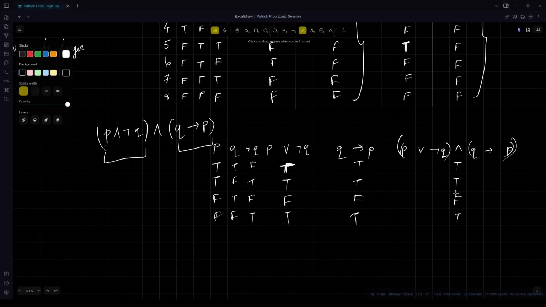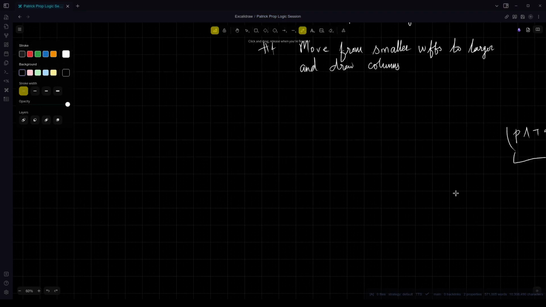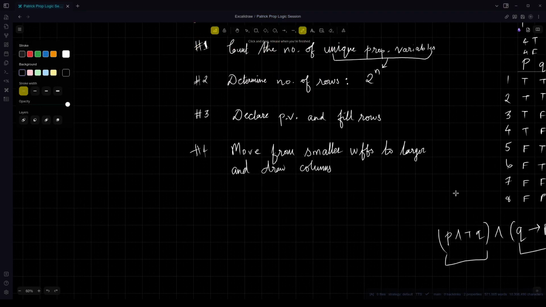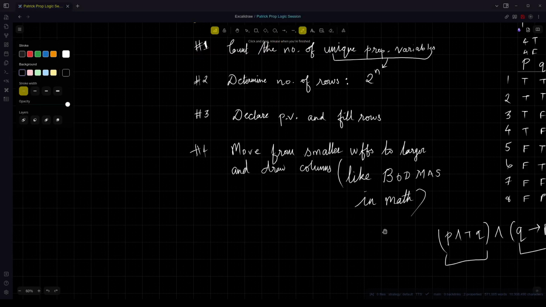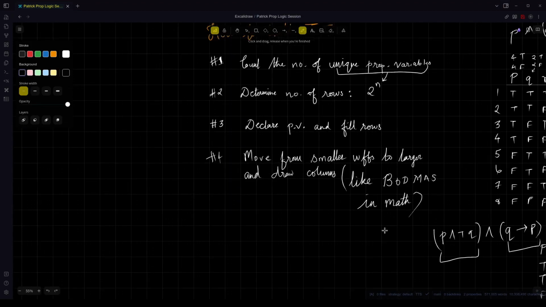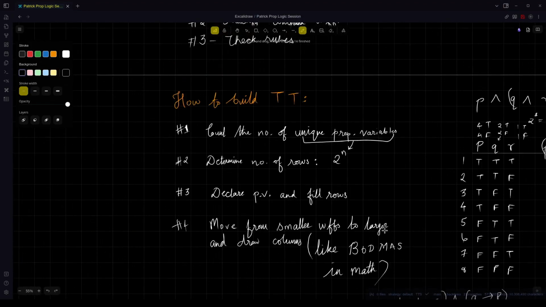So that's how you draw a truth table for any proposition. So I'll just write this is like math. Okay, so that's how you draw a truth table.